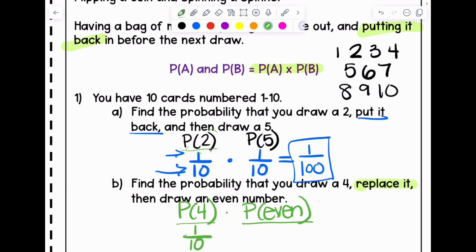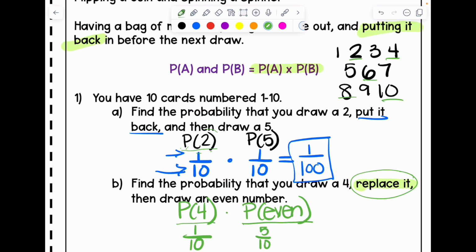And then it says I'm going to draw it, and then again, key phrase, replace it. So I take the 4, I put it back in. And then now the probability that I would draw an even number. Out of my cards that I have here, I have 2, 4, 6, 8, and 10. So I have 5 tenths chance of getting an even number.